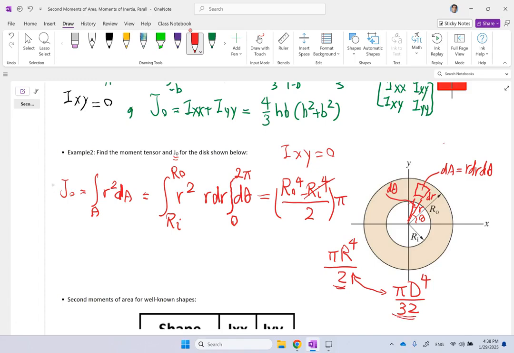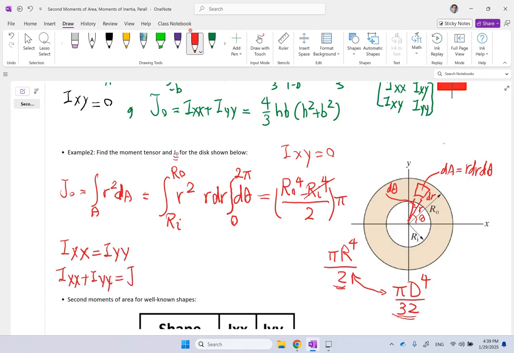But that is polar. What about Ixx and Iyy? Now this shape is symmetric with respect to both x and y axes. What's the meaning of that? The meaning is Ixx should be the same as Iyy, because the shape is symmetric with respect to both axes. And remember that Ixx plus Iyy was what?